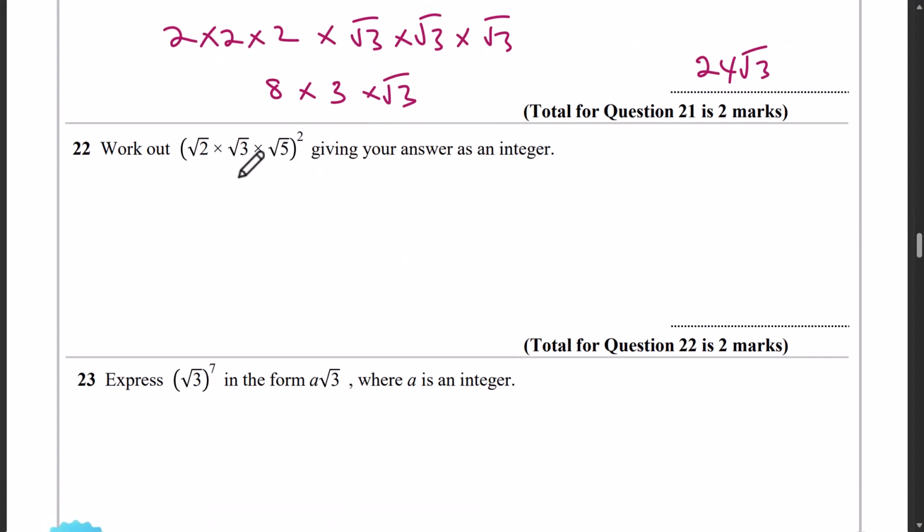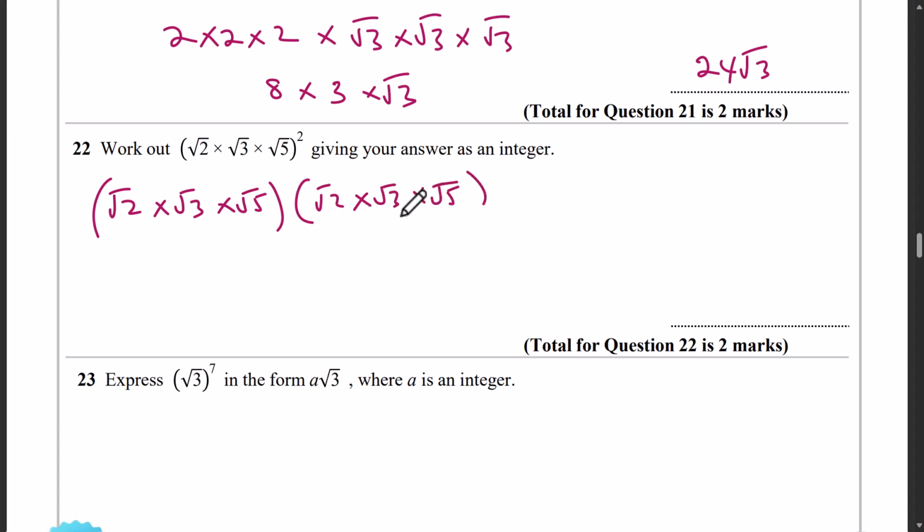And for this, okay, so you have root 2 times root 3 times root 5, and this is multiplied twice. So that's another one here, root 2 times root 3 times root 5. Of course, this is multiplied anyway, so you can easily open the brackets, and that's going to be root 2 times root 2, and then root 3 times another root 3, and then root 5 times another root 5 from the second bracket.